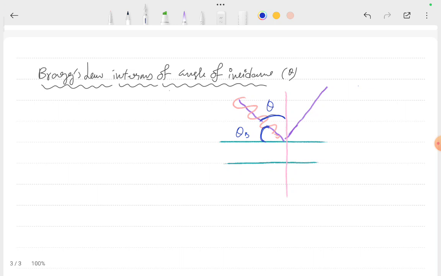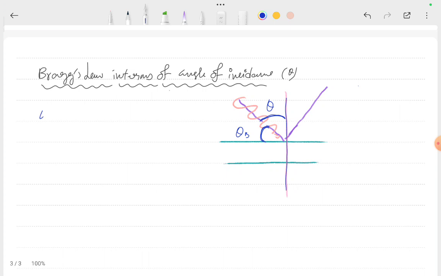So if your question paper gives you Bragg's angle, then Bragg's law is different, and if your question mentions angle of incidence, then Bragg's law is also different. So be careful. One angle is measured from the plane of the crystals, and another angle is measured from the normal of the plane, right? This is the difference here.